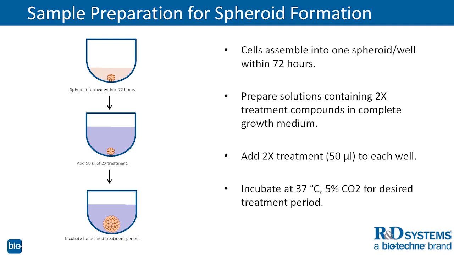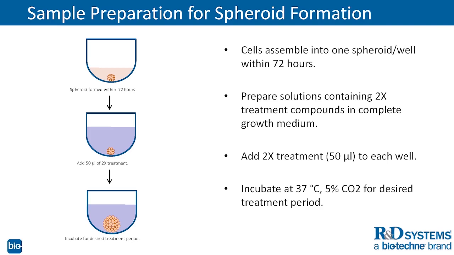Okay, and then we take these plates and insert them into the cell culture incubator for 72 hours. And over that time, the cells will assemble into spheroids. And then we'll prepare a 2x treatment, a solution containing 2x treatment compounds in complete growth media. And we use 2x because we have 50 microliters of spheroid formation ECM in the well, and we're going to add 50 microliters of treatment.